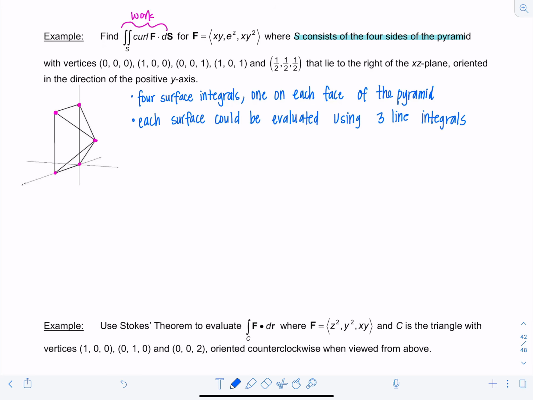So let's see, say this is surface 1. And remember, our standard orientation is counterclockwise. So it would go 1 line integral this way, 1 line integral this way, 1 line integral this way.